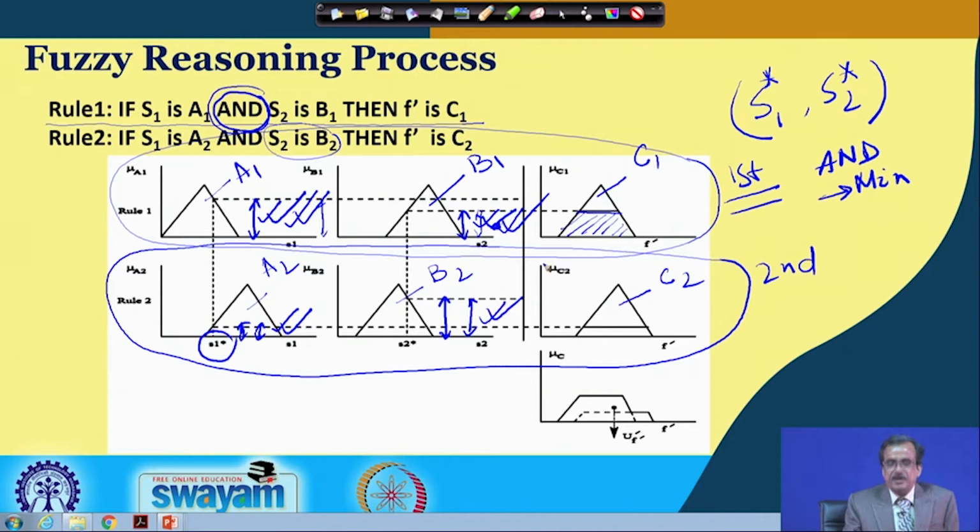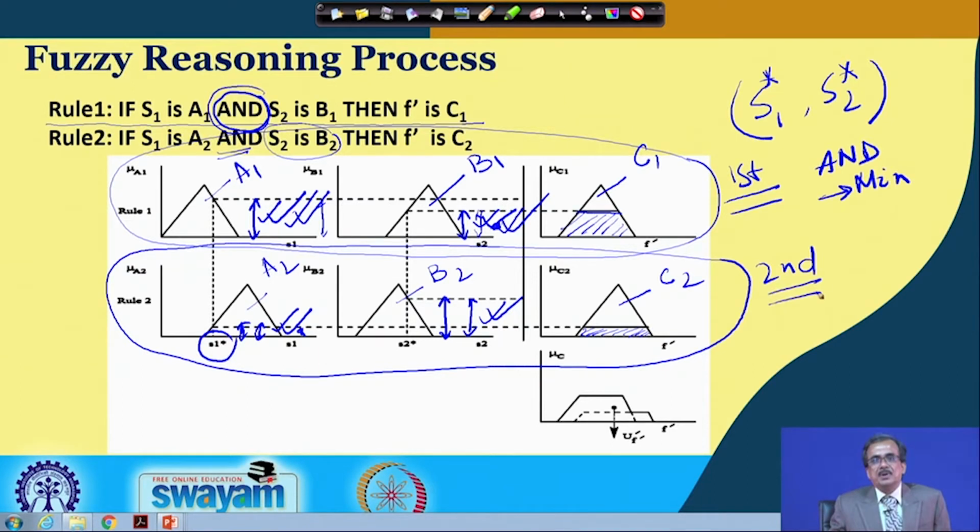If I compare, this is found to be smaller, and there is an AND operator, so we will have to consider the minimum value of mu. Corresponding to that minimum value of mu, I will get some output here, and this shaded portion is the output of the second fired rule.